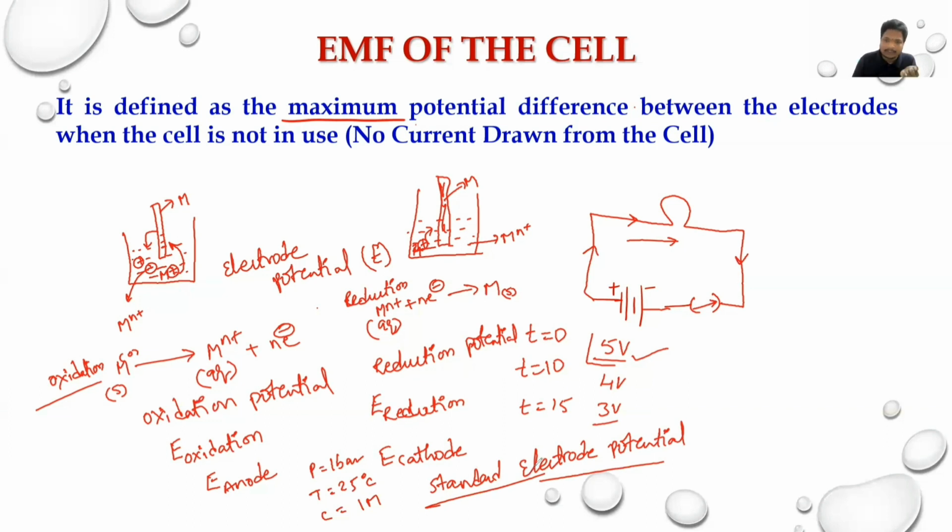So when the electrode potential is measured at the standard condition, it is the standard electrode potential.